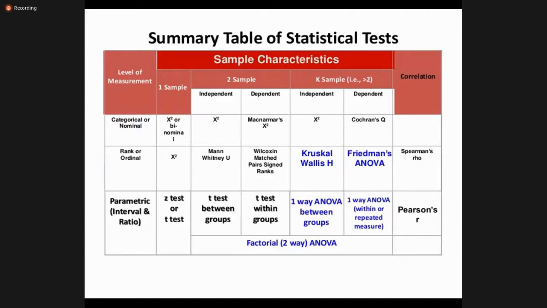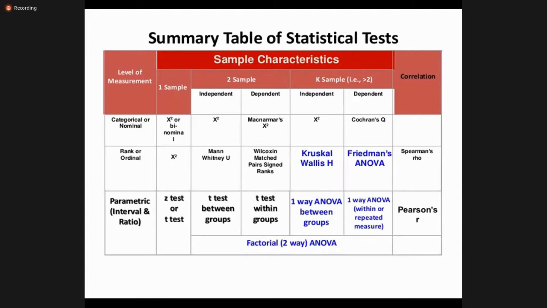On the right side, you can see that when the sample size is more than 2, you can use ANOVA. At the bottom, there is also a factorial or two-way ANOVA, which can be applied to two samples, independent, dependent, and K samples, meaning you can apply two-way ANOVA in all four cases.